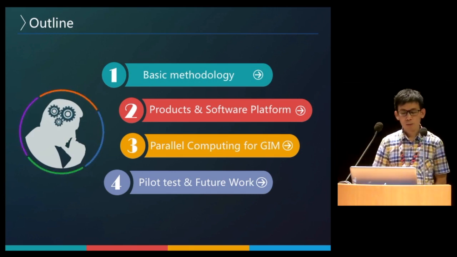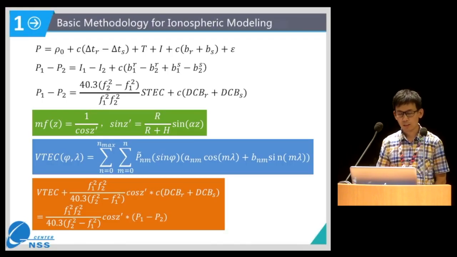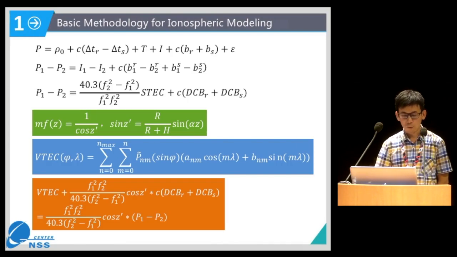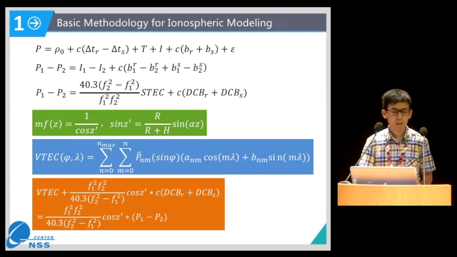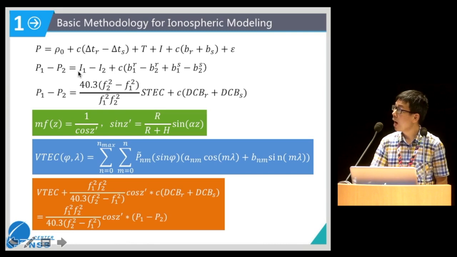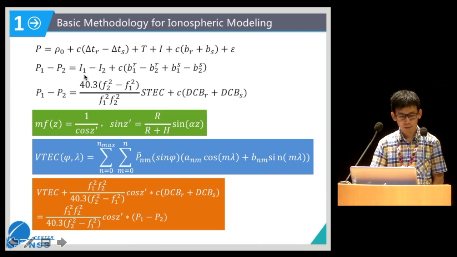As we all know, aerosphere is one of the most significant effects on the GNSS signals, and with dual frequency observations, we can form the famous geometry-free combination in which we can eliminate the non-dispersive terms. And the left terms are what we are interested in in today's presentation.